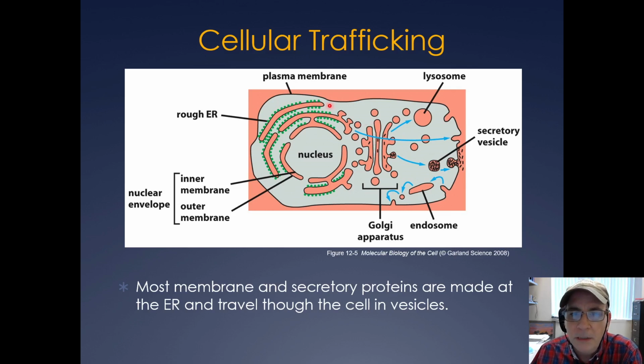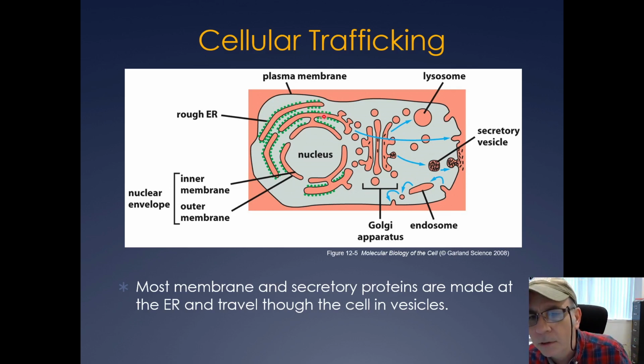So most secreted proteins are made on the rough ER, right? All translation on ribosomes occurs in the cytosol, and so anything that's made in the cytosol then needs to be transported. For secreted proteins and membrane proteins, you have co-translational and post-translational translocation occurring on the rough ER, and we'll cover that in a couple of lectures.